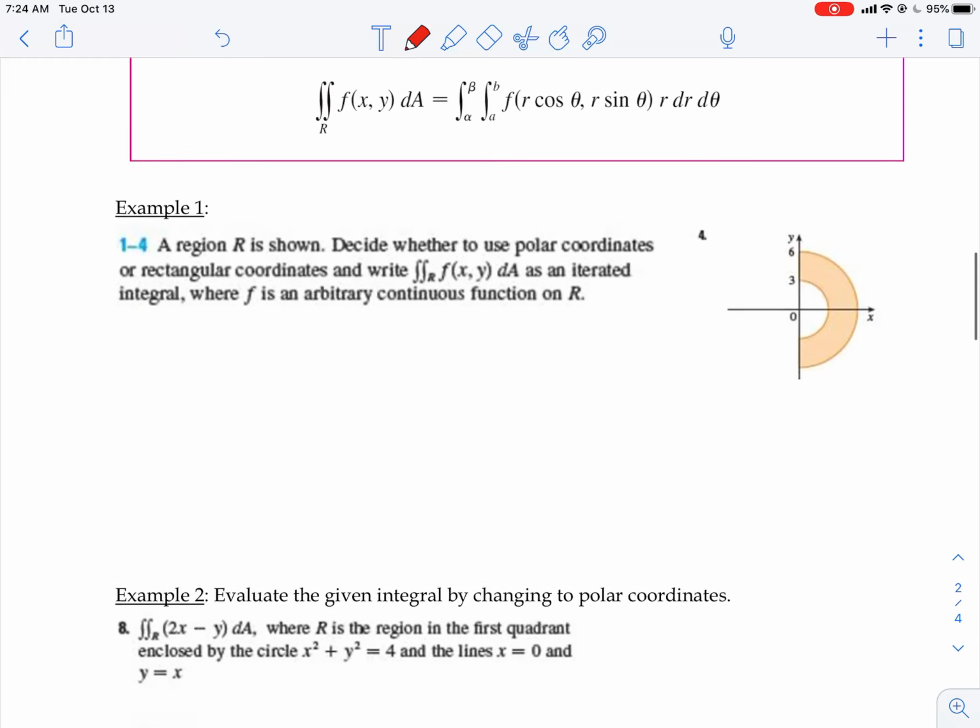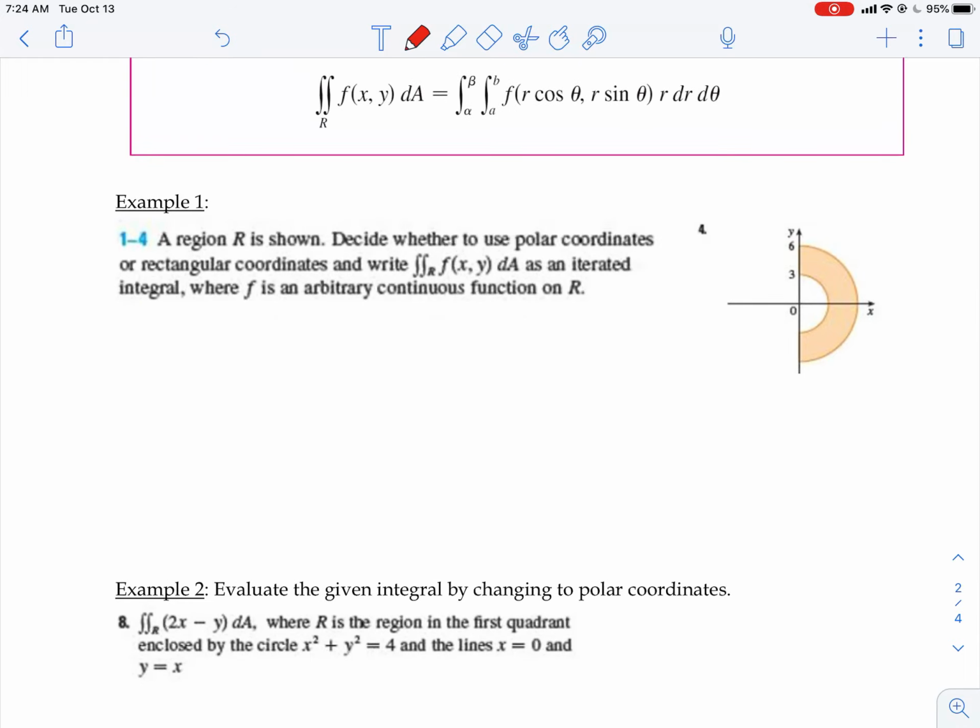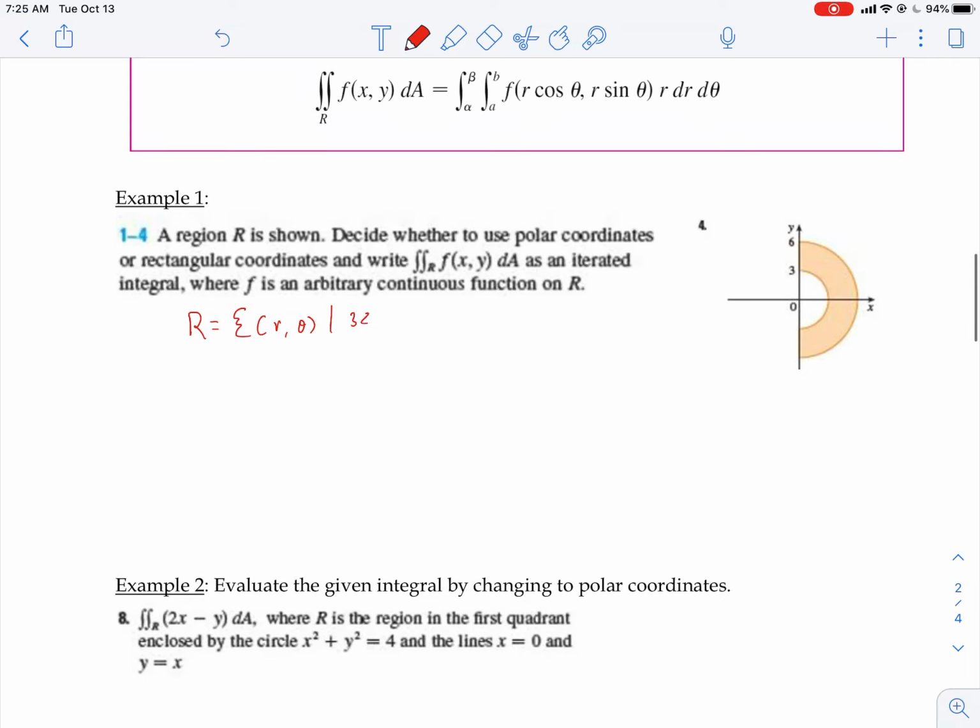All right, so now we have a region R. So example 1, we want to decide to use polar or rectangular, and then we're going to write the double integral. And that's basically it. Looking at it, I hope you notice this looks like it'd be easy to use polar, and of course it is. So let's go ahead and define the region. The region here is going to be r, theta, because we're going to use polar, and our r looks like it's going to go from 3 to 6.